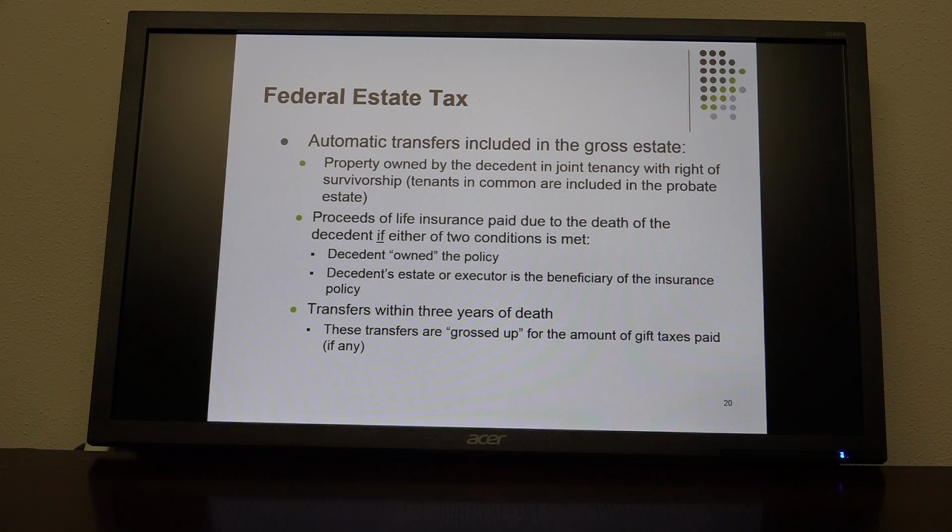And again, these automatic transfers include property owned by the decedent in joint tenancy with right of survivorship, proceeds of life insurance paid due to the death, if either one of two conditions is met. The decedent owned the policy, or the decedent's estate or executor is the beneficiary of the insurance policy.